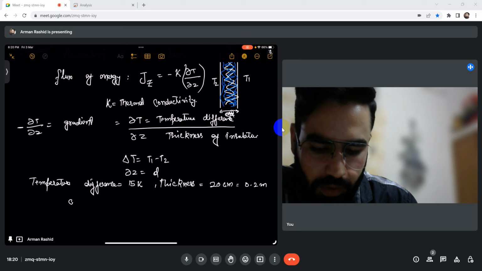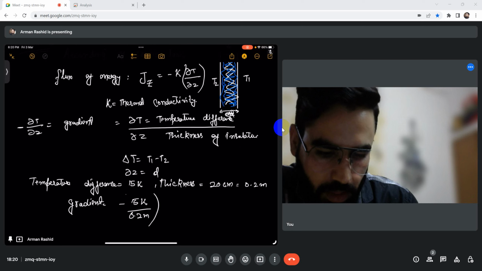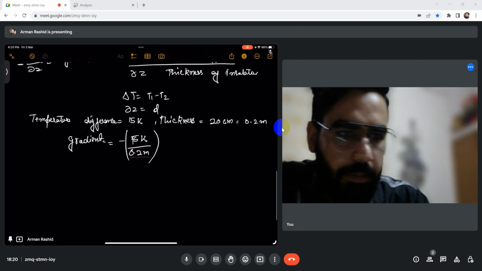So we'll first calculate the negative of the gradient.